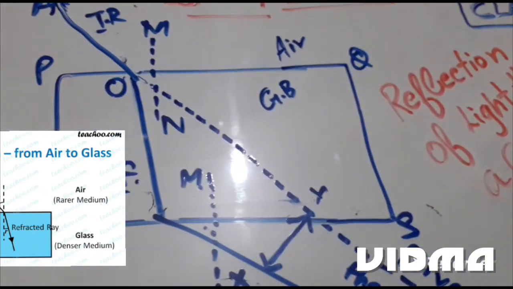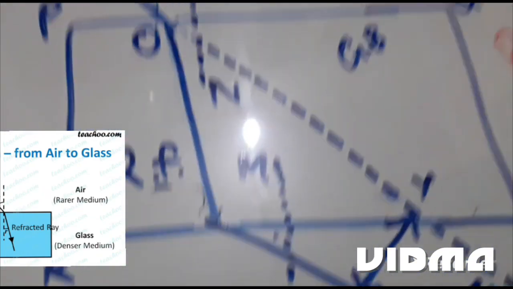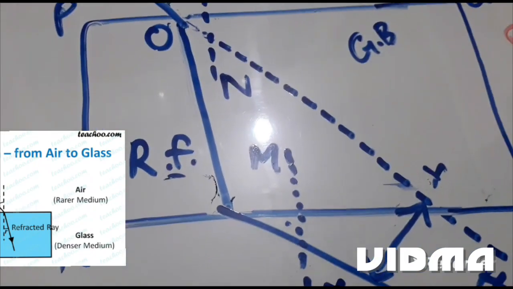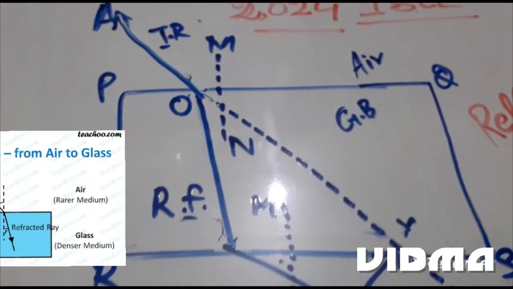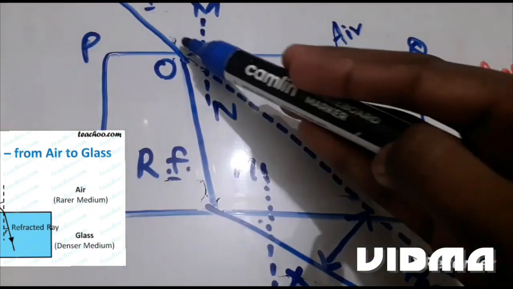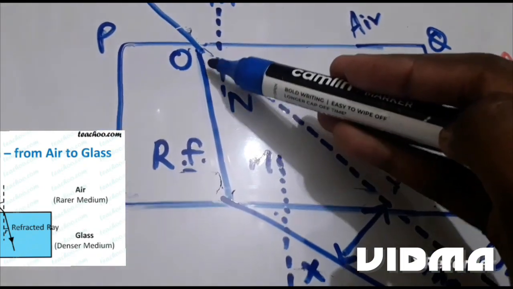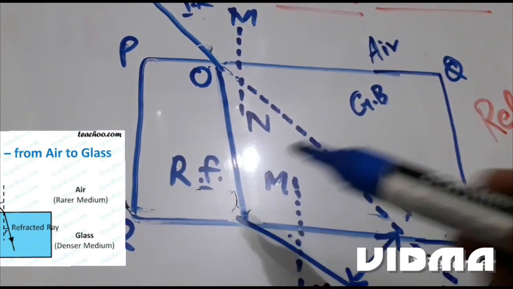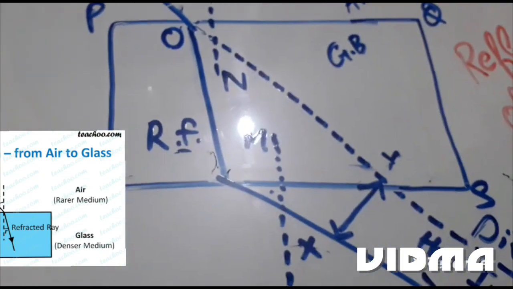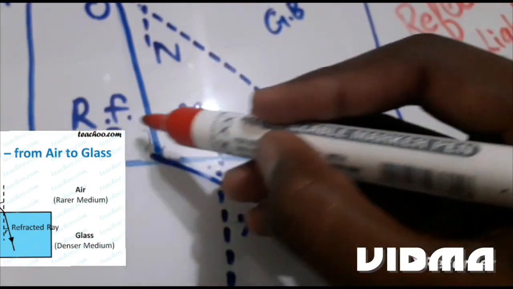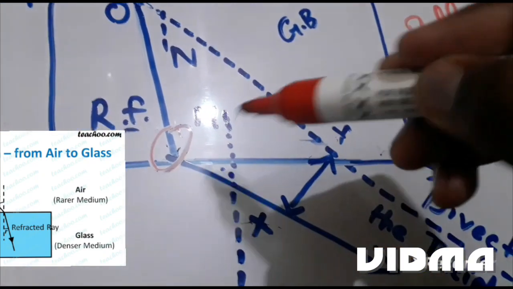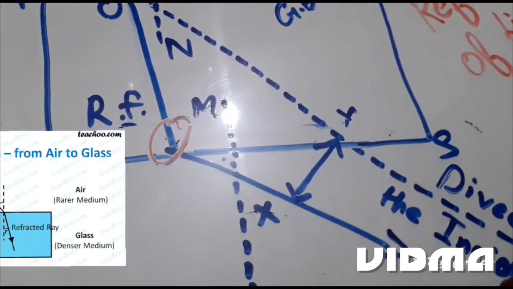Hope we have understood till this part. Now we are going to see, after the incident ray, the reflected ray. The reflected ray starts from the same point as the incident ray. It enters here and gets reflected from this surface. It just bends down and goes out.